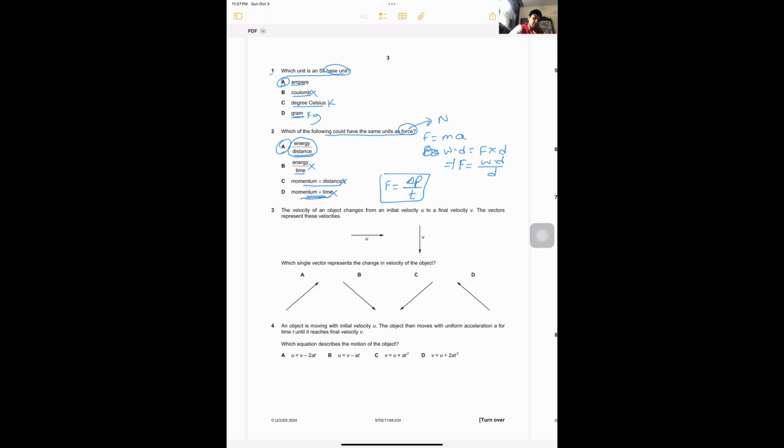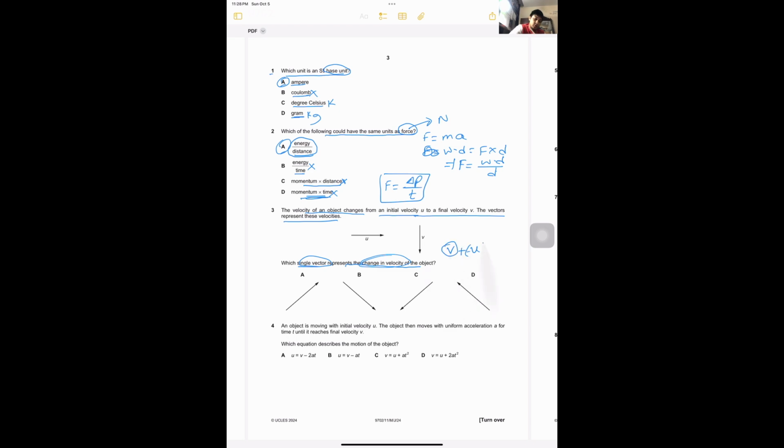Third question: the velocity of an object changes from an initial velocity u to a final velocity v. The vectors represent these velocities. Which single vector represents the change in velocity? So change in velocity is final velocity minus initial velocity. So we have v plus minus u.